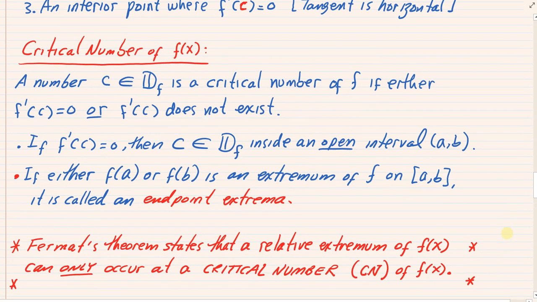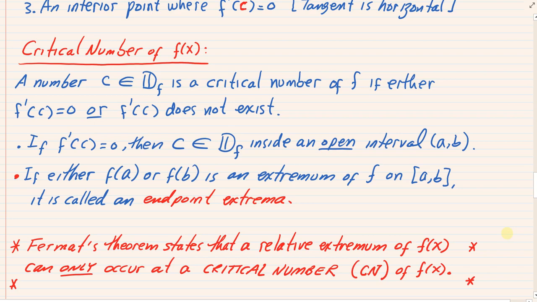And again, to tie this down for Fermat's theorem, to make a conclusion about Fermat's theorem, it states that the relative extremum of f of x can only occur at the critical number of a function. And that pretty much calls Fermat's theorem for what it is.